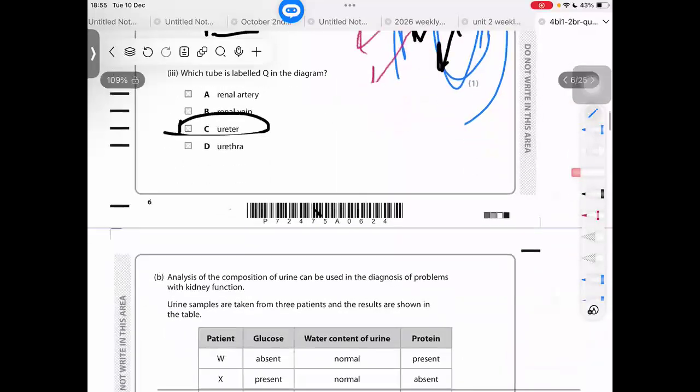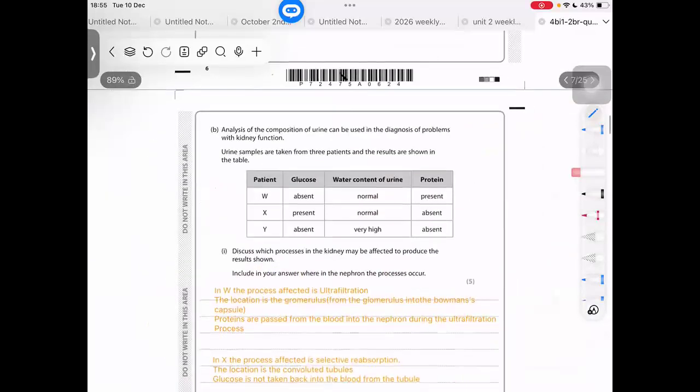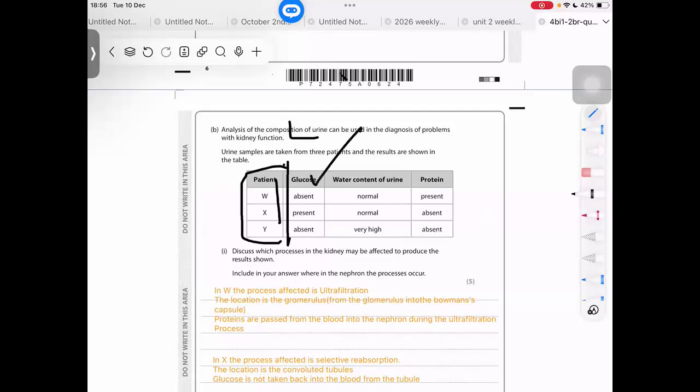Then B1, they have said analysis of the composition of urine can be used in the diagnosis of problems with kidney functions. So they have given us three patients, and they have taken urine samples of these three patients and tested them for glucose content, water content, and whether proteins are absent or present.